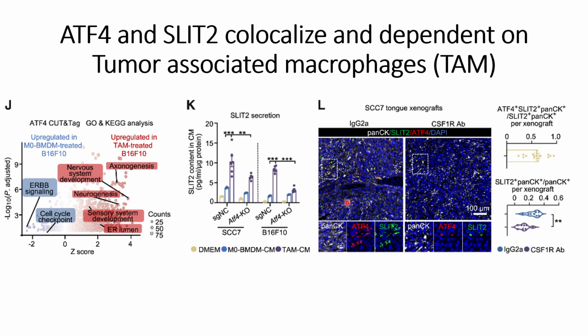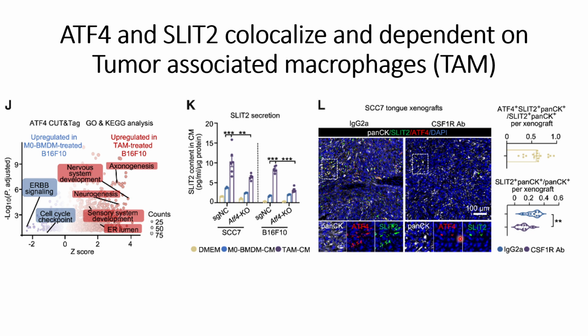They saw that ATF4 and SLIT2 are co-localized, and from the previous results they expected it to be high where the cells are surrounded by tumor associated macrophages, that is in the control IgG2A. Whereas when they used the CSF1R antibody, the cells are not surrounded by tumor associated macrophages, because the CSF1R antibody inhibits the TAM interactions with the tumors.